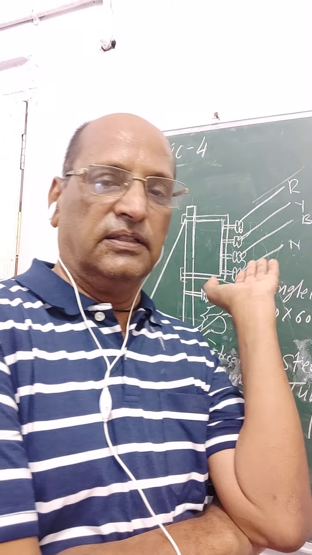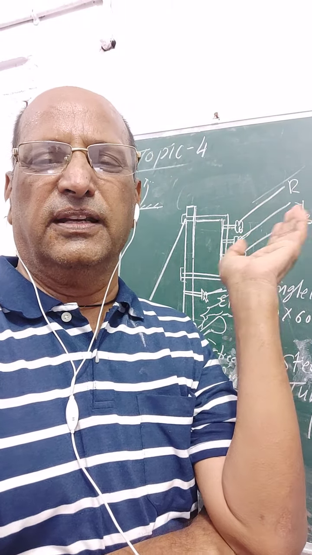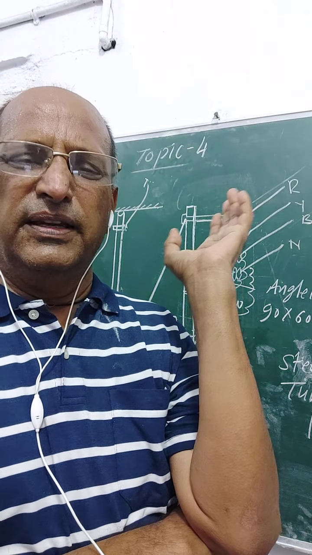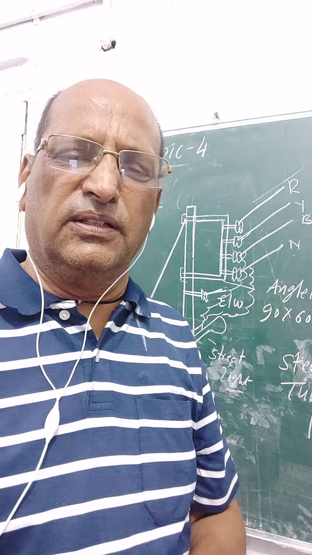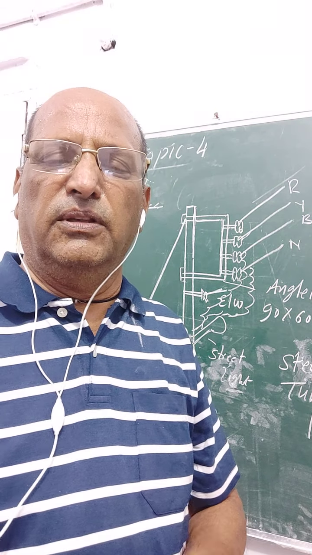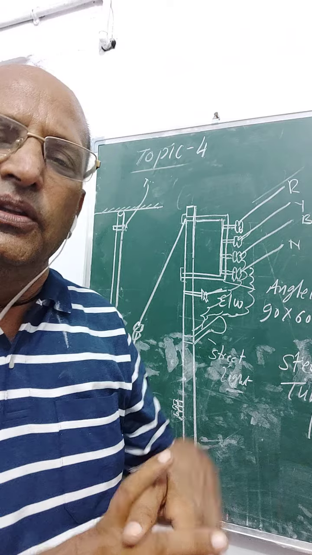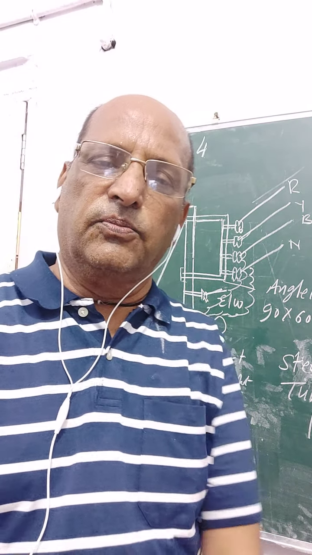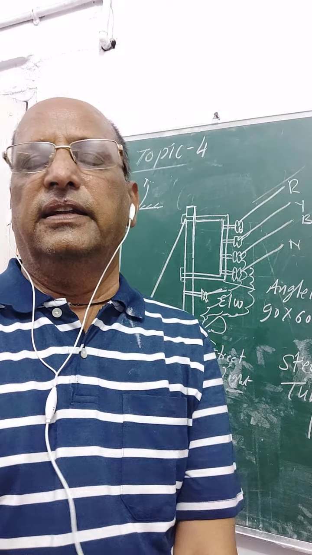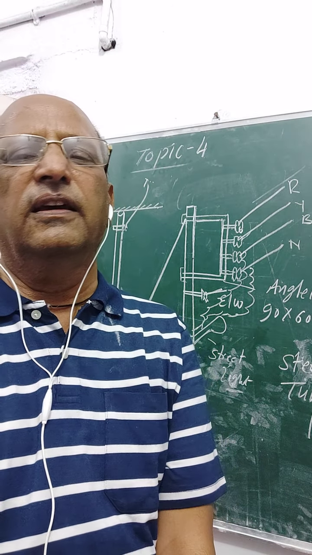In the LT line, one thing to be noted is that the average span for the LT line varies from 40 meter to 60 meter, while in the case of the HT line it varies from 60 to 80 meter. So normally for the LT line it is a 30 meter span, 40 meter span, maximum up to 60 meter. In very rare cases, when you get a very long area and where more obstacles are coming, we increase the average span.